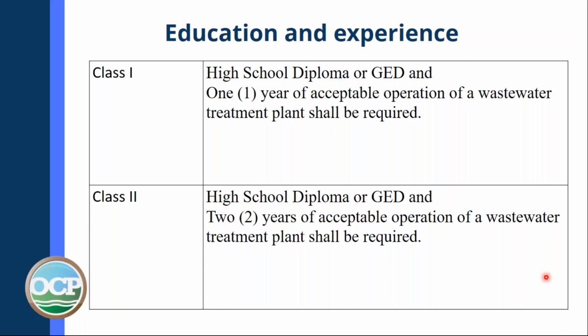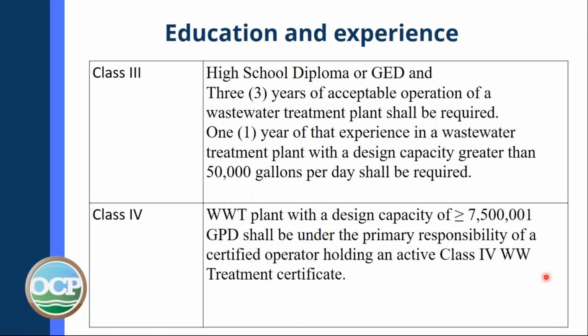Class 2 again requires a high school diploma or GED and 2 years of acceptable operation at a wastewater treatment plant. Class 3, again, we need a high school diploma, GED, and 3 years of acceptable operation. 1 year of that shall be in a Class 2 plant or higher.